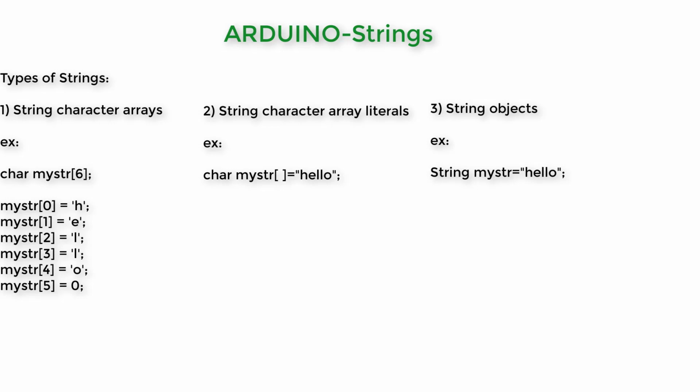These objects and classes are supported in languages which support object-oriented programming design. In this example, we can see the string object myStr created like any other variable, assigned memory, and given the value hello string.